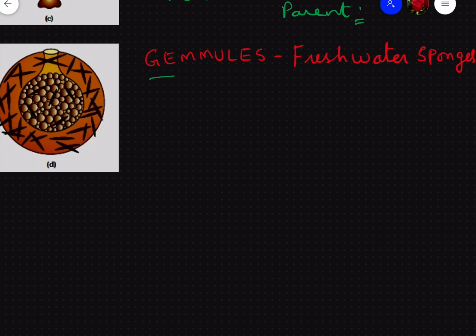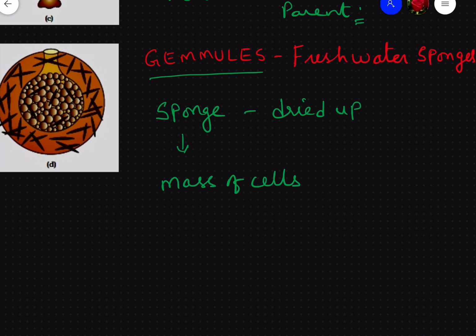Whenever a freshwater sponge is dried up, what happens? This sponge will produce an inner mass of cells. Now this inner mass of cells is covered by a protective layer.